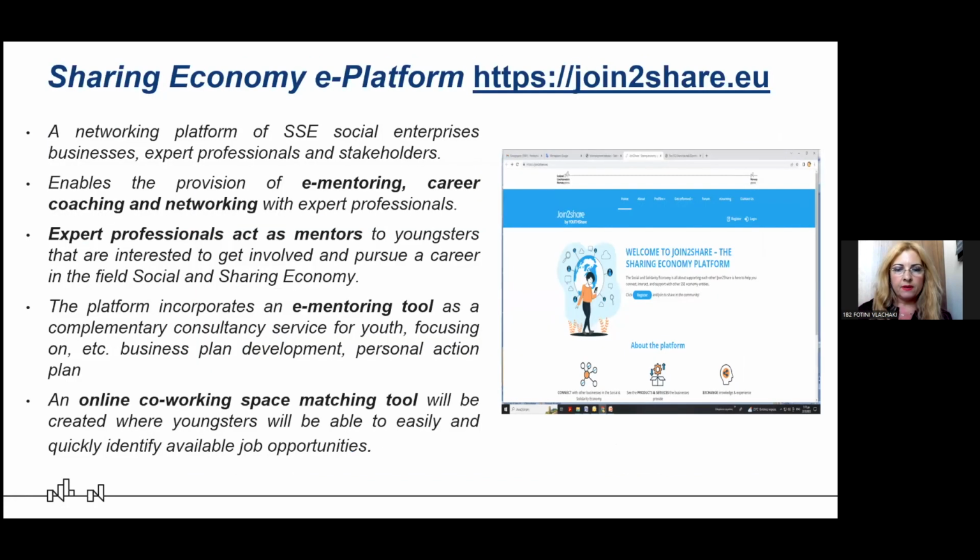And another important tool is the mentoring, the sharing economy platform, which offers e-mentoring and networking with professionals, which is also very important. And it can be a tool for guidance practitioners, so you can get in touch with professionals and organize different kinds of activities, including students, career fairs, career talks, and of course, e-mentoring for those willing to learn more and be active in these sectors of economy.